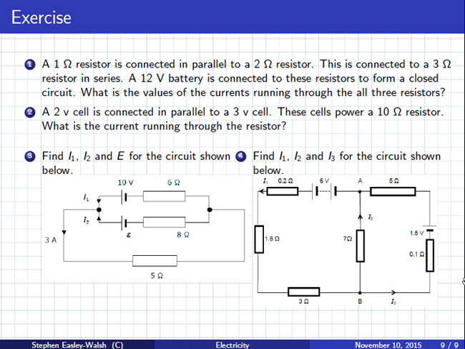No, you're going too fast. Start here. 12 minus 4 I1. Now continue here. Plus 4 I2. Correct. Plus 4 I2.